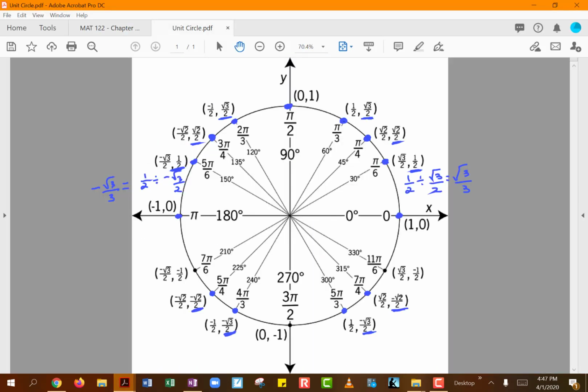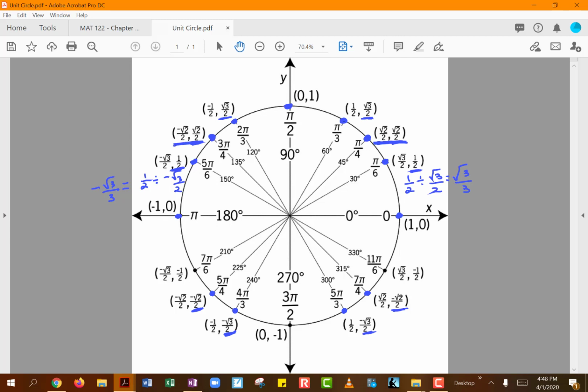So I'm actually going to go back to our unit circle here. So remember, for tangent to be positive or negative 1, that means your sine and cosine values have to be the exact same number, but the signs can be different. So that's going to happen right here at pi over 4, because you can see I have square root of 2 over 2 for both sine and cosine.